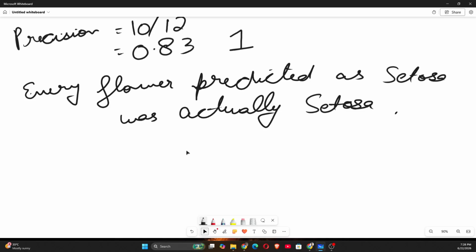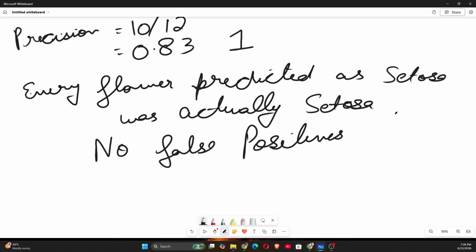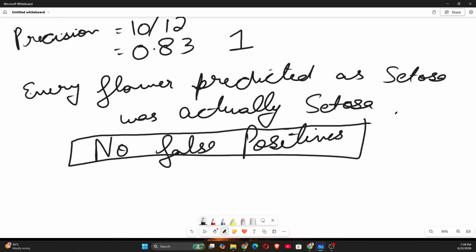We can also conclude that there were no false positives. This is the main thing. Okay, so this was precision.